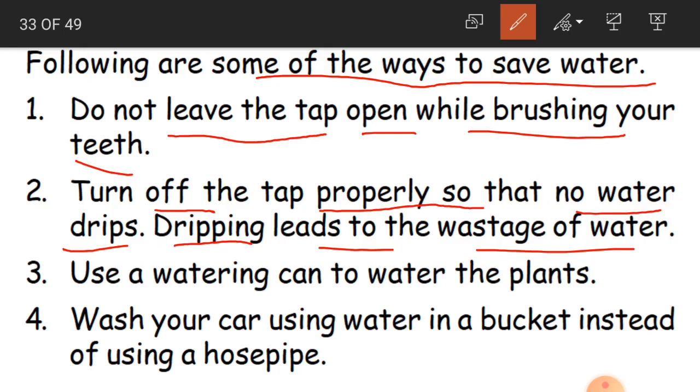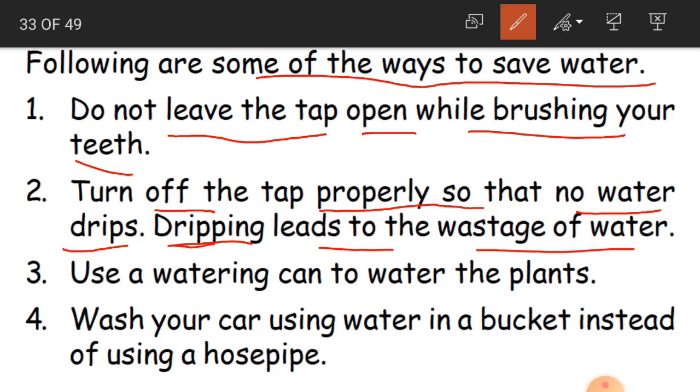This has to be stopped. When you turn off the tap, turn it off properly, tightly, so that no droplets of water come out, because this dripping, water droplets coming out of the tap even after closing, is going to lead to wastage of water.